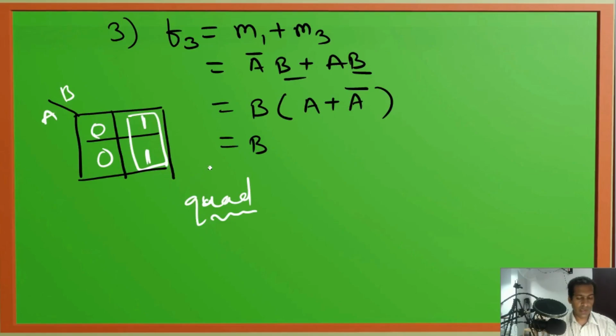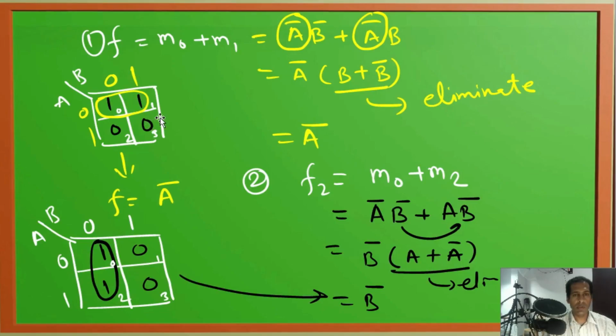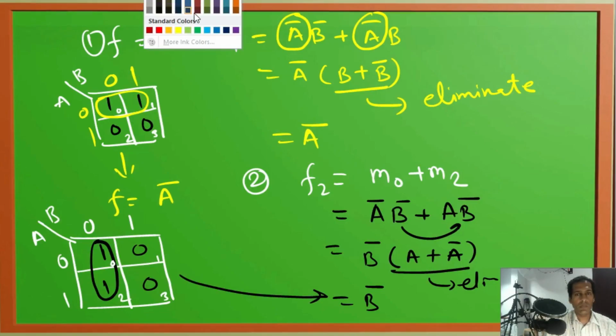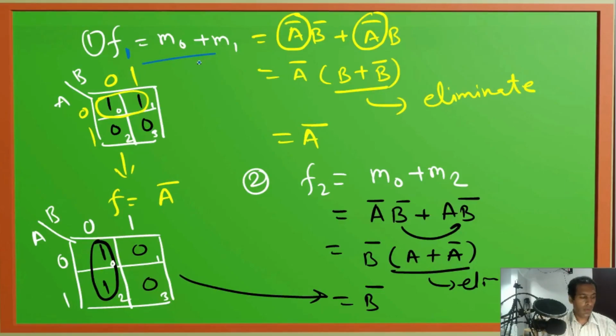Like f1 is read as, say here we have solved f1. f1 is read as a bar because along this square a remains constant as 0.